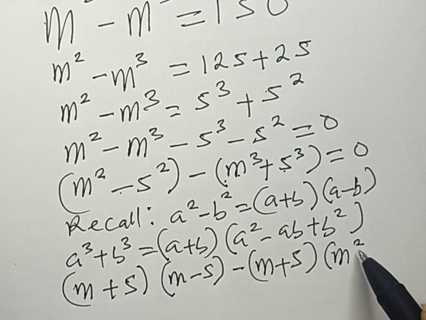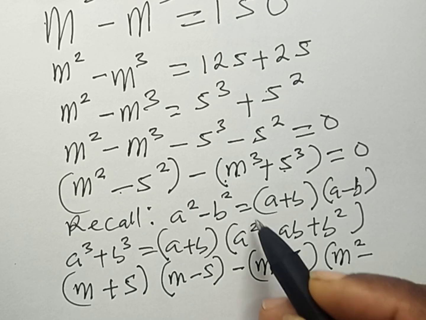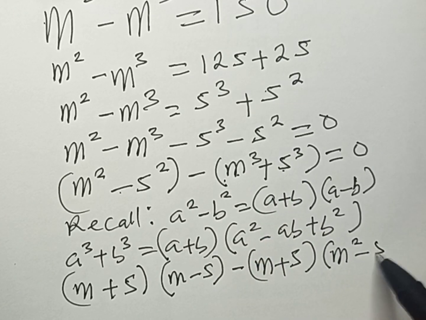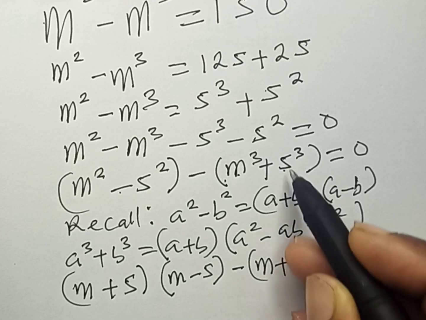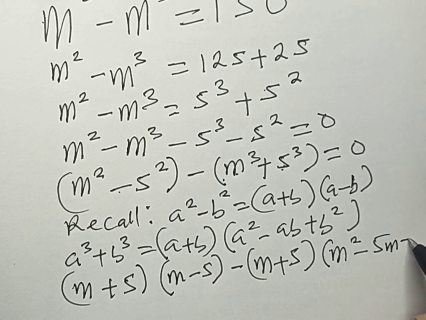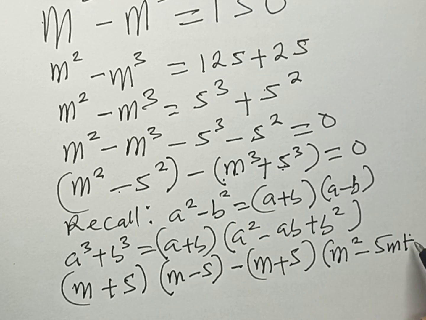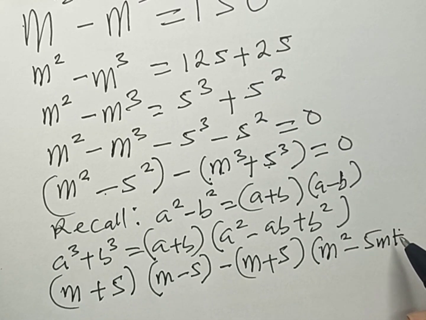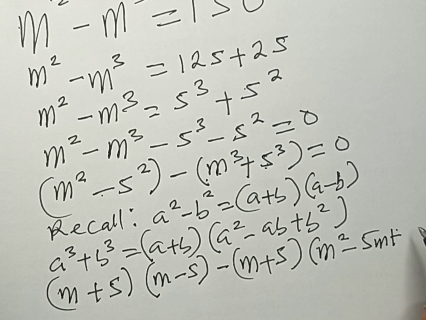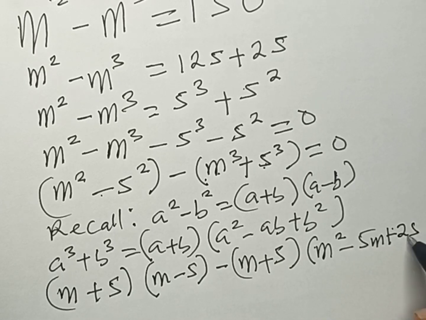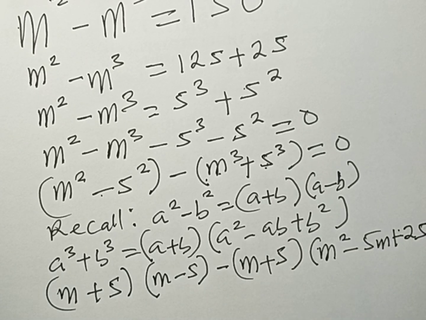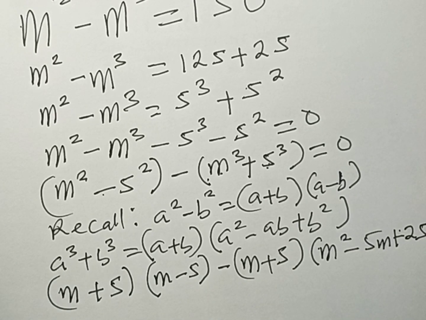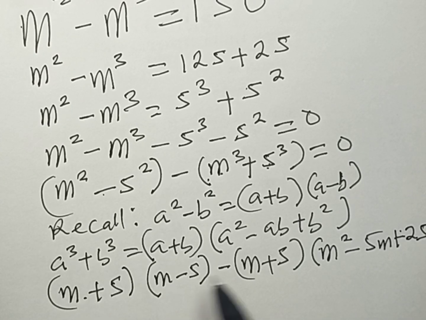m square minus 5 times m, 5m, then 5 raised to power 2, which is plus 25. We're going to have 25. So if we go by that, we're going to have m plus 5 is common to both.